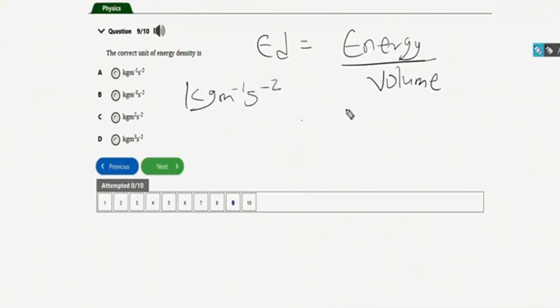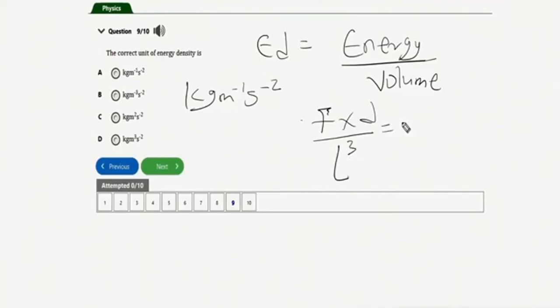So the dimension of energy will be, since work is force times distance, over volume, which is length times breadth times height, that is length cube.